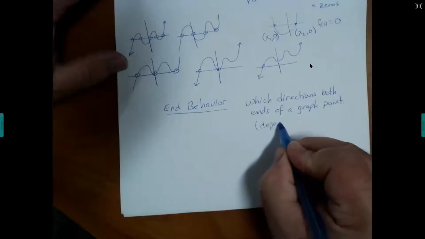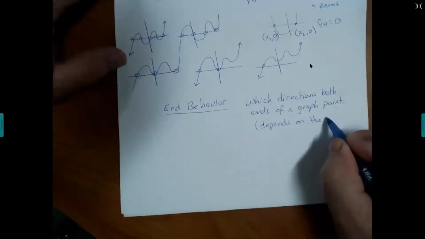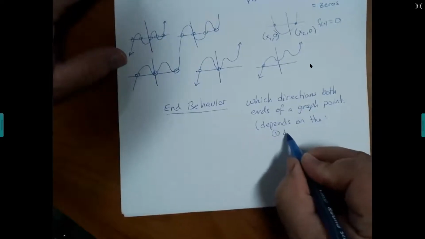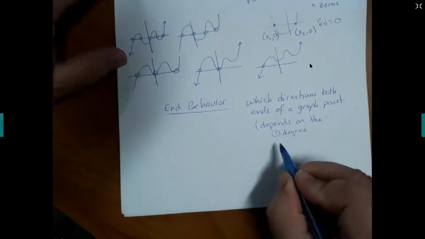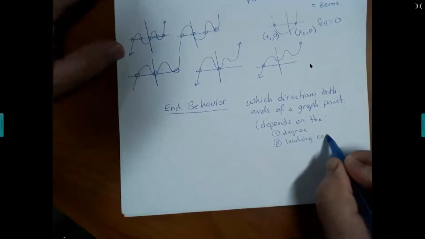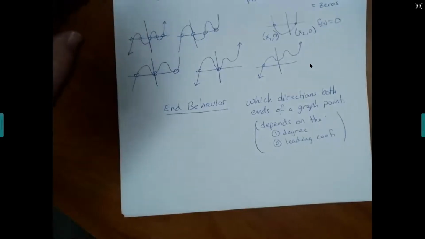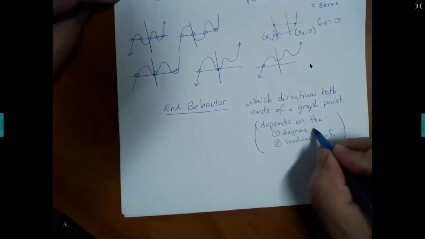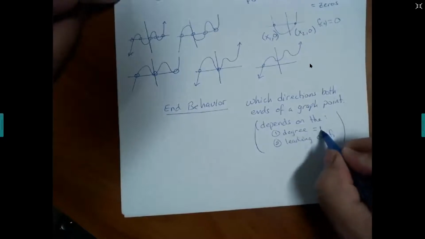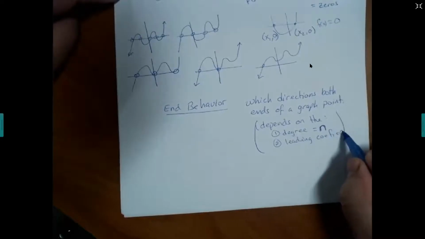And this depends on two things: the degree of the polynomial and the leading coefficient. So the degree of the polynomial we call n, that's the largest exponent, and the leading coefficient we call a.